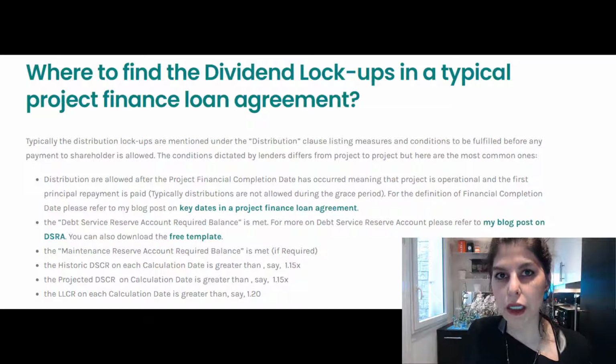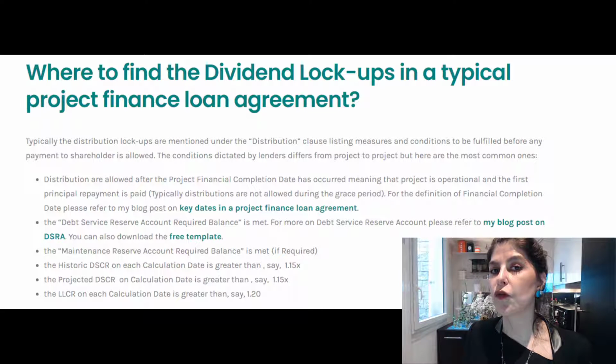The second one is some ratios. The lenders will impose some ratios. They will say in the term sheet that at each calculation date, at each distribution date, you need to first of all make sure that you satisfy some ratios before you can distribute dividends. You know that there is some quarterly, semi-annual, or other reporting that you need to do to your lenders.